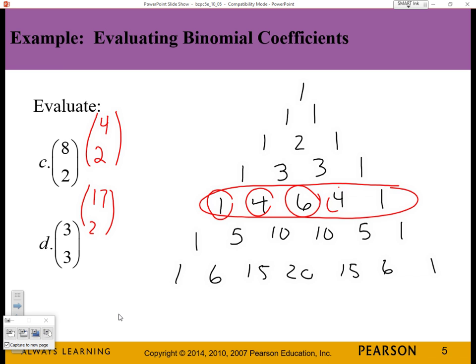But it's important to know that usually when you have some degree, you're going to get one more in the coefficients. So 0 means you got 1 coefficient. The first degree, you got 2 coefficients. The second degree, you had 3 coefficients. The fourth degree, you had 5 coefficients. 6th degree, that means you're going to get 7 coefficients and so forth. So that's one nice way of checking that you have the right number of terms, okay?